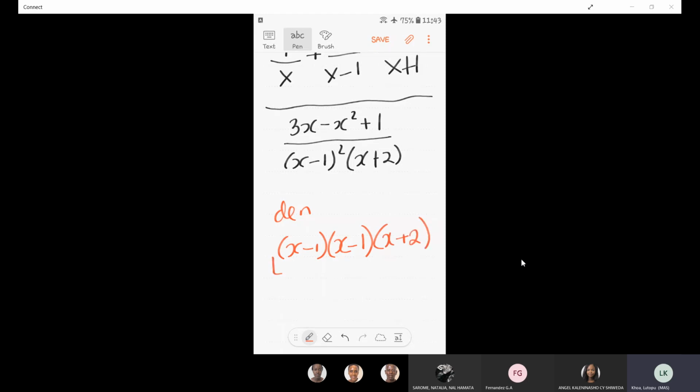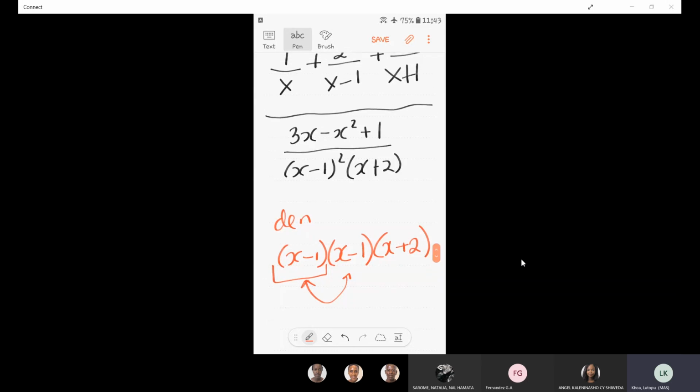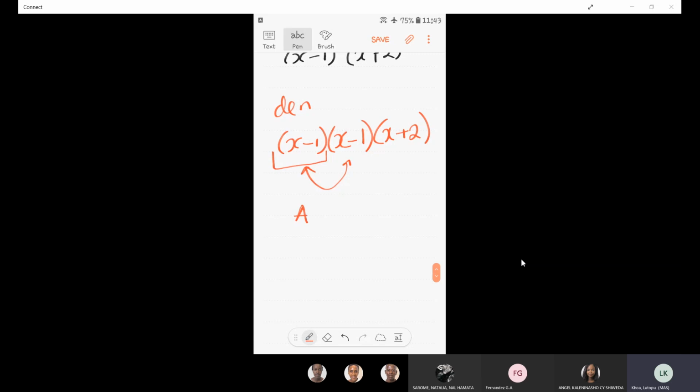And you can see this factor here, x minus 1, is repeated because it is appearing twice. Now, usually for the first one that we did, I would write A over x minus 1 plus B over x minus 1 plus C over x plus 2. This is how I would normally solve it.